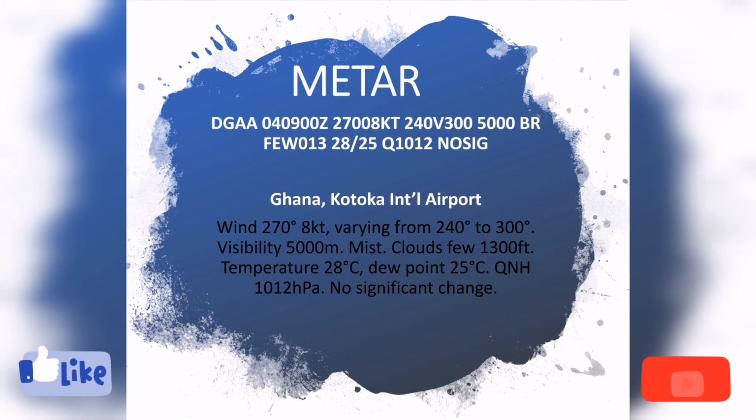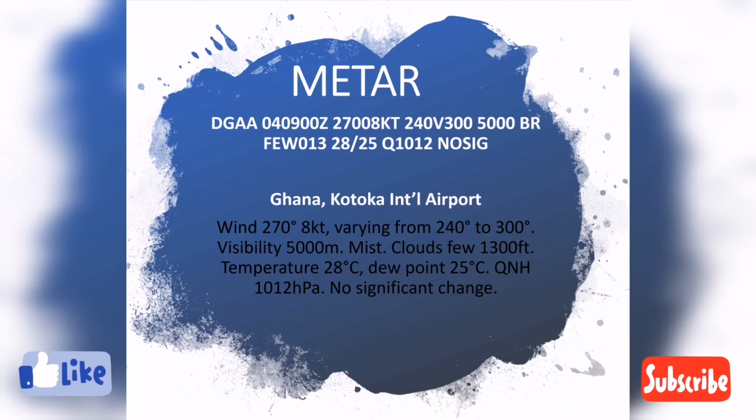And then quickly looking at an airport in Ghana. Let's look at Kotoka International Airport in Ghana, as represented by the ICAO code Delta Golf Alpha Alpha, and observed on the 4th of the month at 0900 Zulu, wind 270 degrees true, speed 8 knots, varying from 240 degrees to 300 degrees.